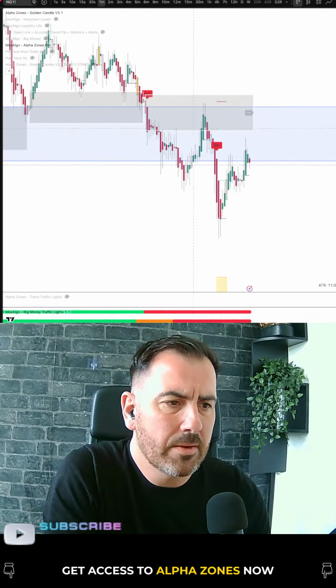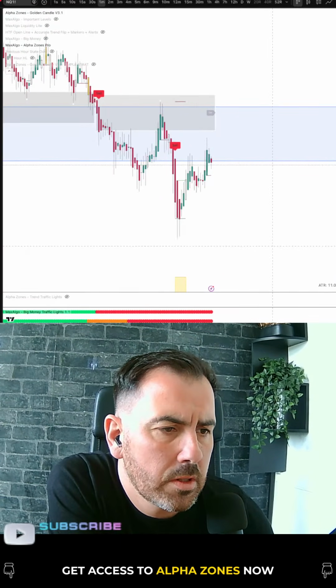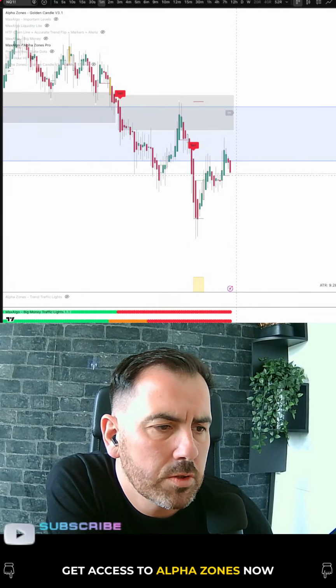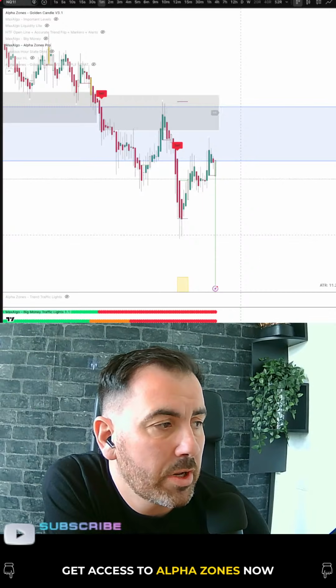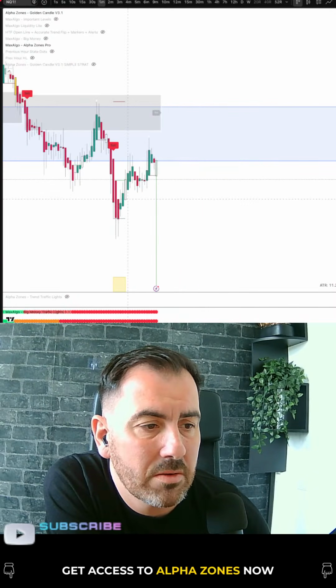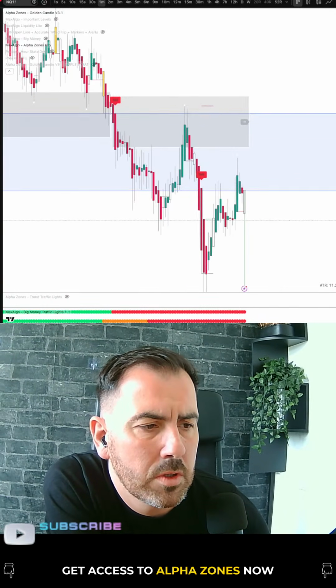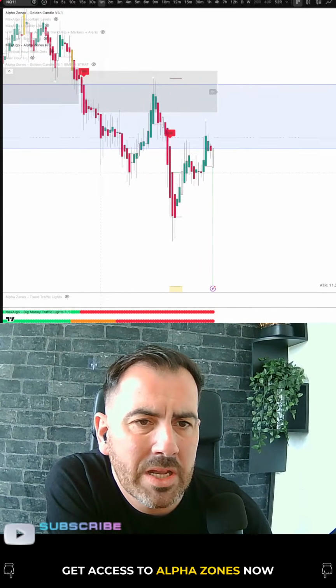It just doesn't want to play ball at the minute, but we really want to close below here. If we can get a break candle down, which is what it looks like at the minute, that white candle. But obviously we are early in the minute.